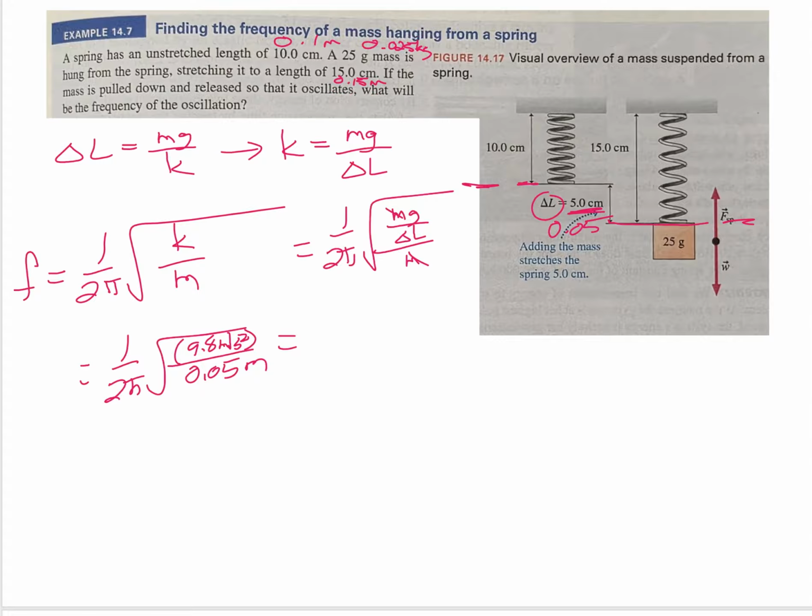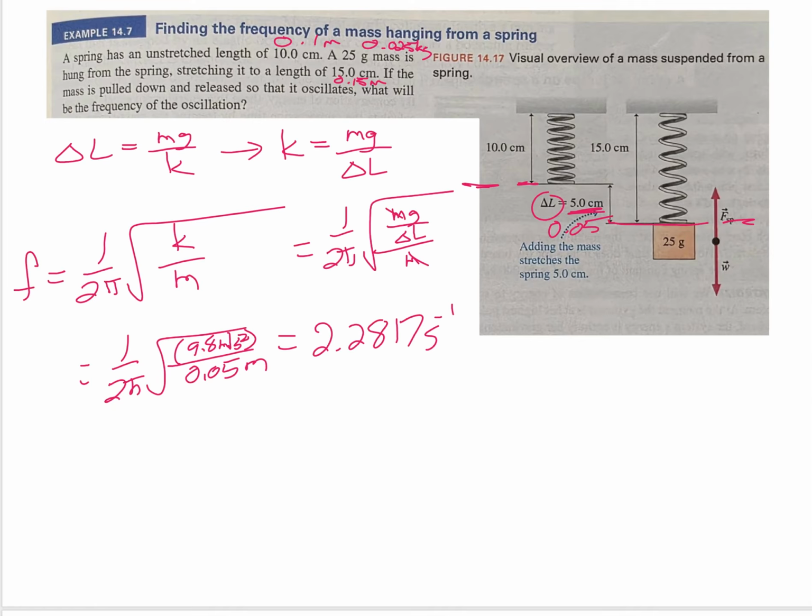I got 2.2817. 2.2817, what? Hertz. In their seconds, yeah, so meters divided by meters, and the square root is gone. So I have per second squared, but it's square rooted. So it's per second. So this would be inverse seconds, which is 1 hertz.